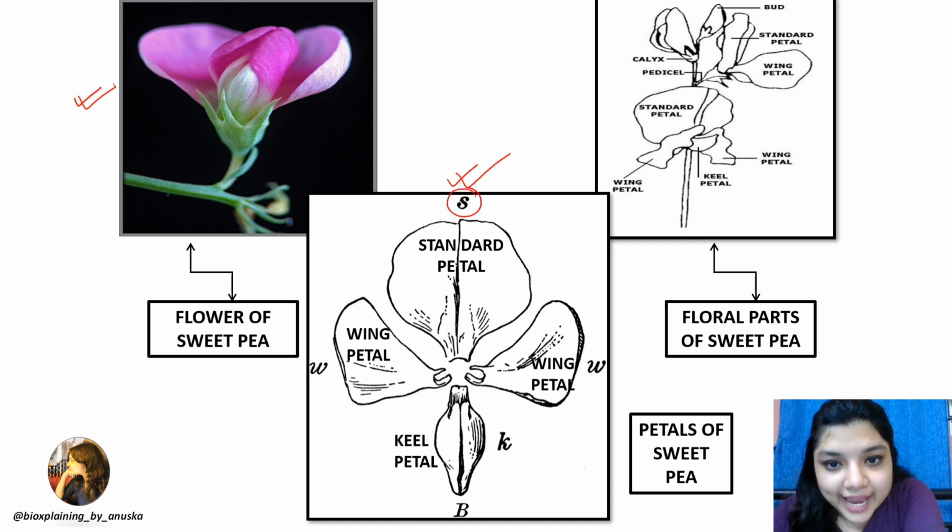First one, this S here refers to the standard petal. Then you have 2 wing petals which are present on the sides. And then you have K, which refers to the keel petal here. Right? So you have the standard petal, the wing petals, and the keel petals.